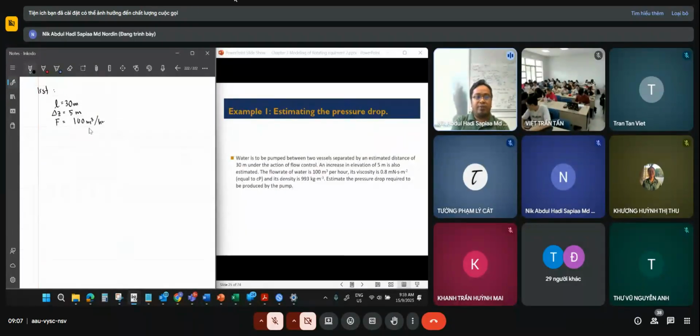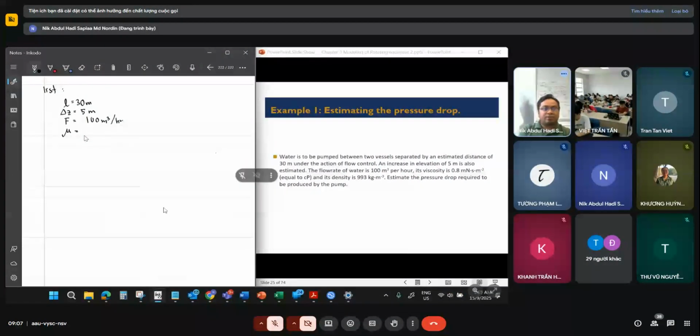And we have the viscosity equal to 0.8 centipoise, and we have the density equal to 993 kilogram per meter cube.